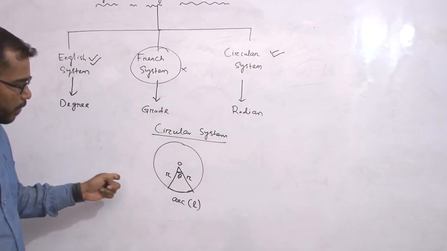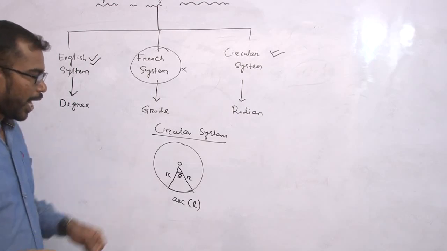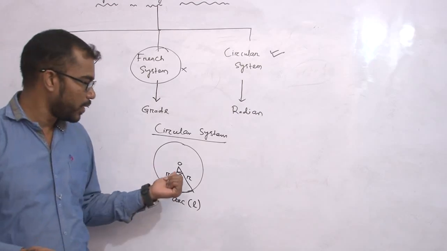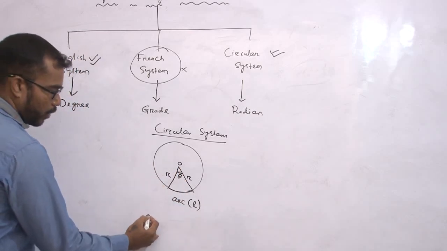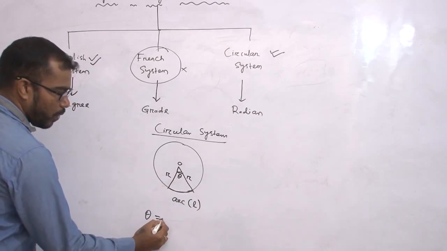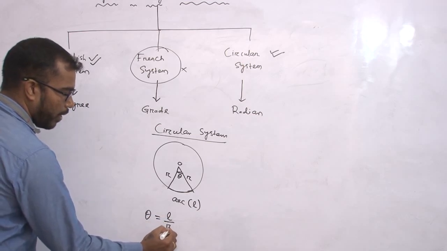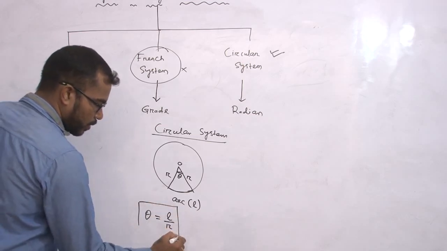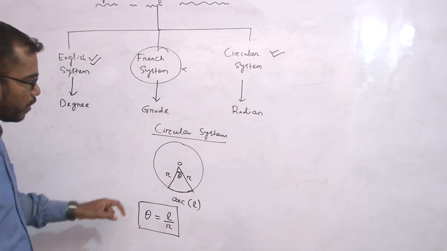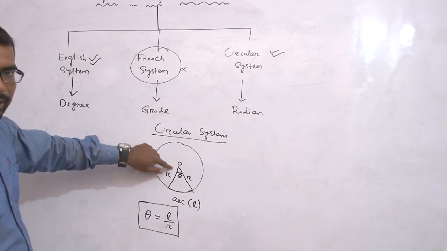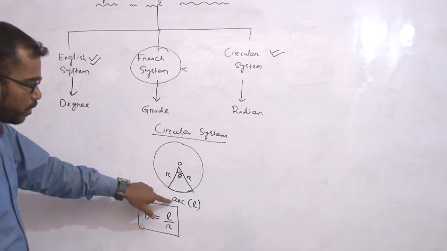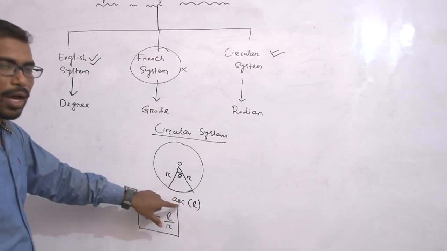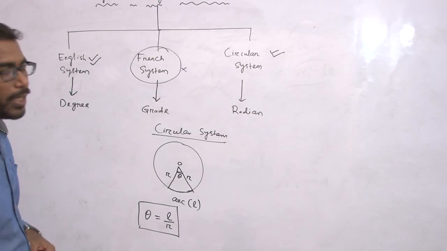So in the circular system, as you know from class 10, the measurement of the angle is theta is equal to L by R. That's the formula to calculate the angle.